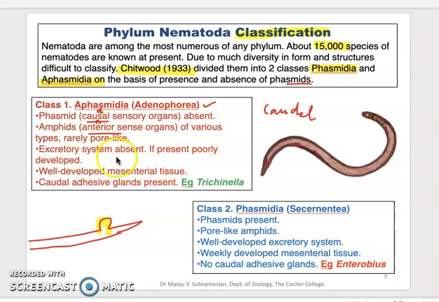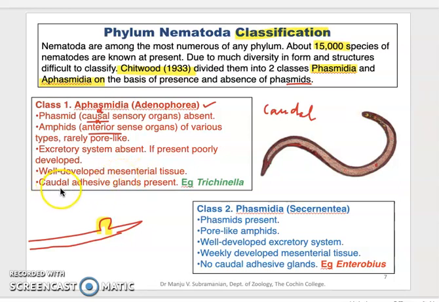Then the excretory system is absent in Aphasmida, and if present, it will be poorly developed. Well-developed mesenteral tissue is present. This mesenteral tissue helps to hold the internal structures in position, as in the higher vertebrates you can see the mesenteries. In these roundworms, the mesenteral tissues are well developed.